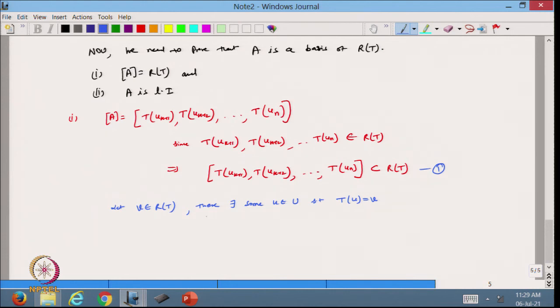So, if u belongs to U, now since the set B1 is a basis of U, I can write u as a linear combination: alpha_1 u_1 plus alpha_2 u_2 up to alpha_k u_k plus alpha_{k+1} u_{k+1} up to alpha_n u_n. Since the basis vectors are linearly independent, all the alpha_i's are uniquely determined, so this is the only unique representation of u, and all alpha_i's are scalars.